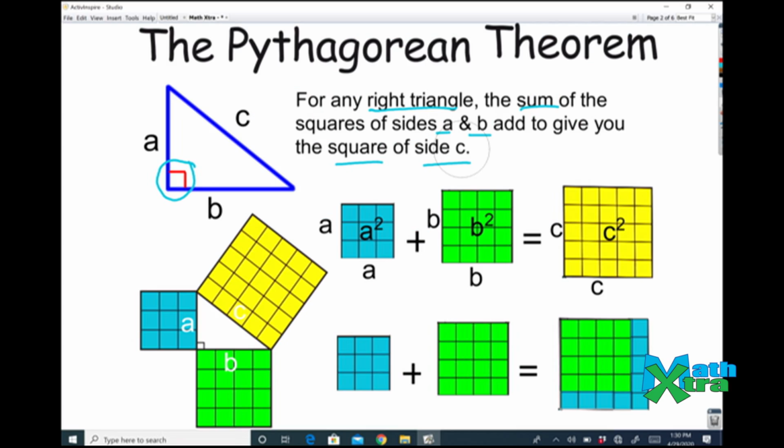So let's look here. If we're saying the sum of the squares of sides A and B, if I take this side A right here and square it, the visual is a square. A times A is a square, okay? And if I take side B and square it, B times B gives me B squared.